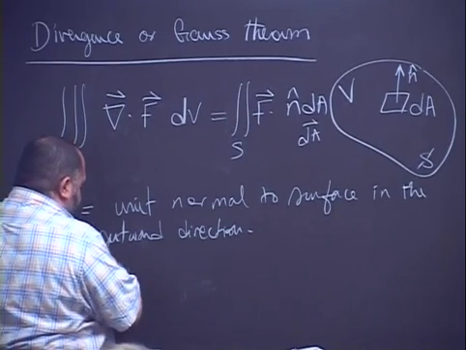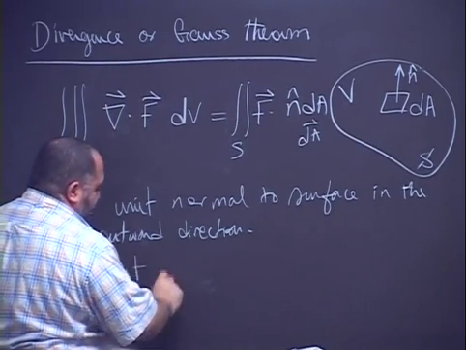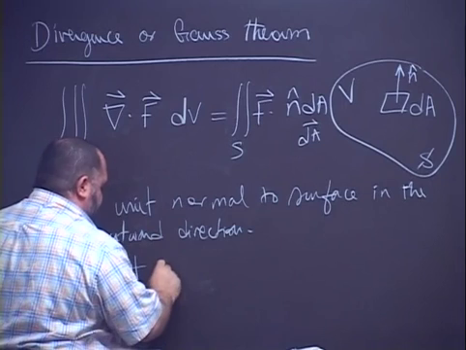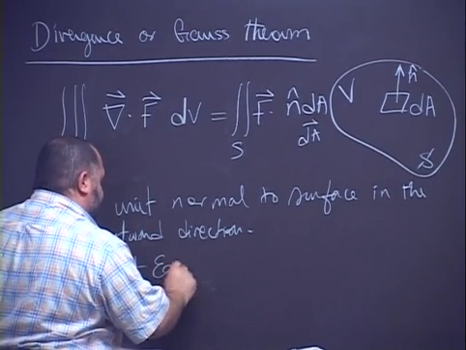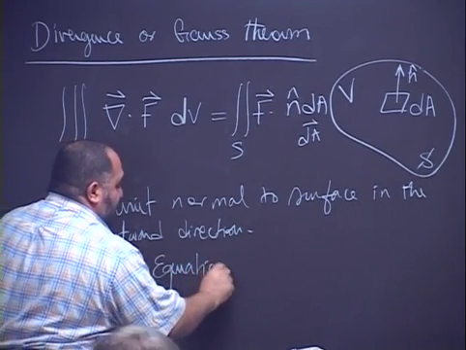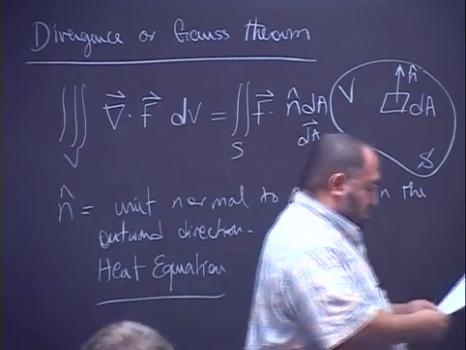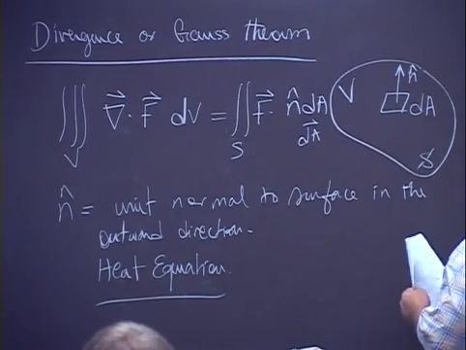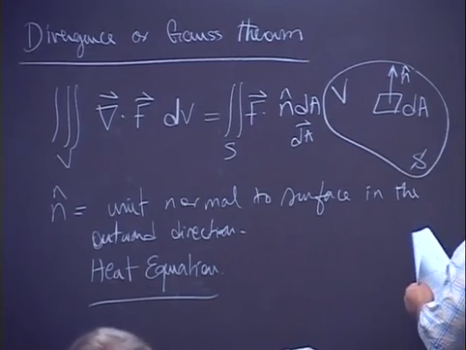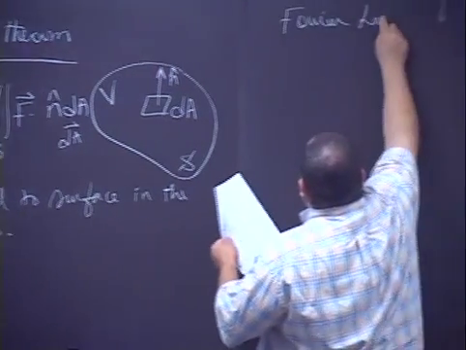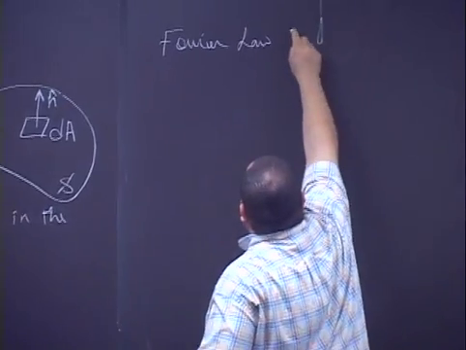So to give you an example of an application for the Gauss theorem, we will look at the heat equation. How many of you here are mechanical engineers? So there are quite a few. So you know Fourier's law for heat conduction.